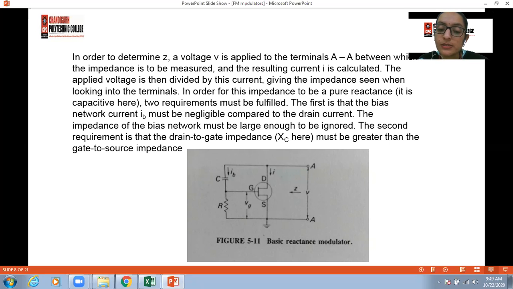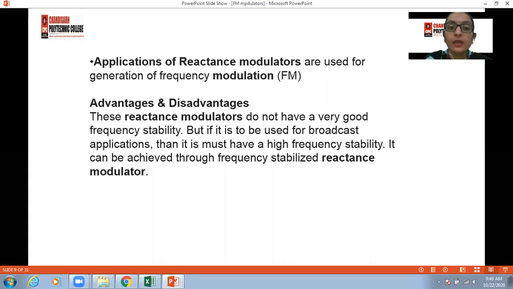This variation in turn changes the equivalent capacitance, that is C equivalent, which causes the frequency of the oscillator to be changed. Thereafter, any change in the amplitude of modulation is reflected as a change in frequency of the signal. Now, there are some applications of the reactance modulator, which can be used for generation of FM.